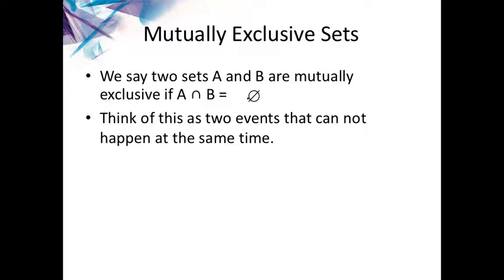Now, the concept of mutual exclusion is that when you get the intersection between two sets, you find that this intersection is an empty set. In other words, there are no common elements between the two sets.